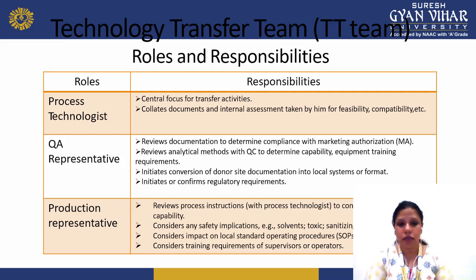Okay. Now production representative reviews the process instructions with process technologist to confirm the capacity and capability. Next is considers any safety implications, for example solvents, toxic sanitizing material, etc. So safety implications, or we can say the proper transfer of production technology, is the responsibility of the production representative.